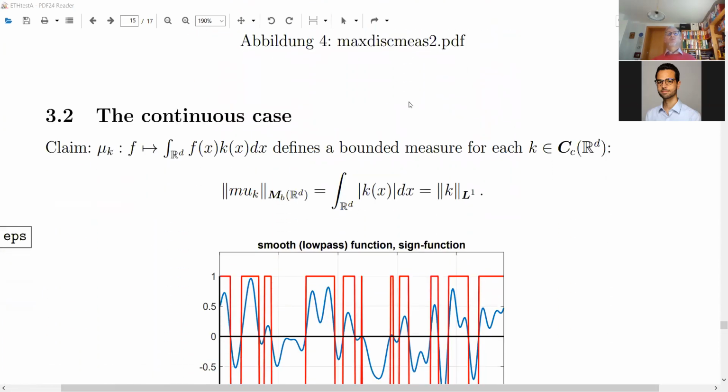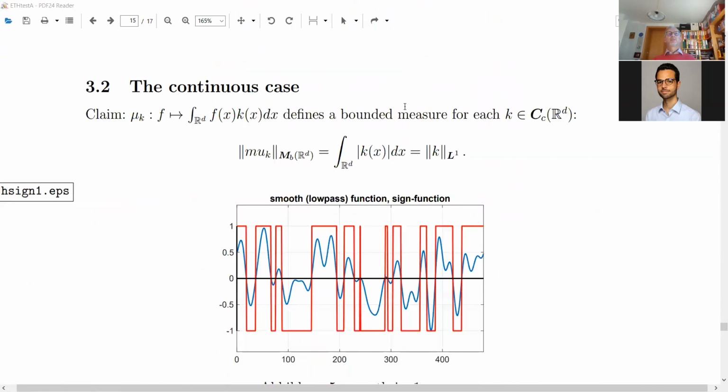And also we will see that it's allowing us to transfer ideas that you have from discrete signal processing to continuous signal processing. That's actually one of the main tasks that we have ahead. Now, the next topic I want to discuss is the continuous case.